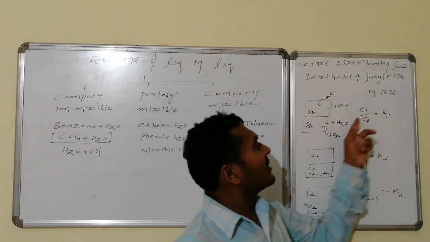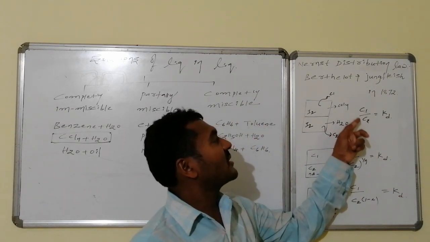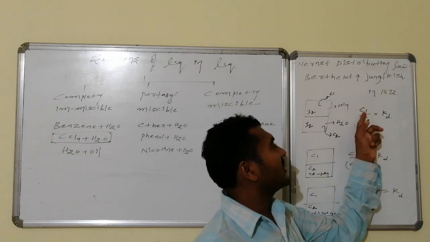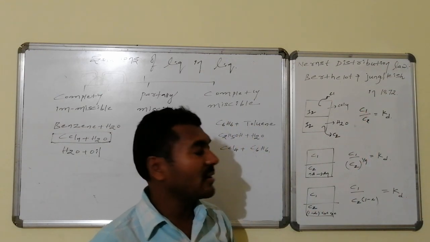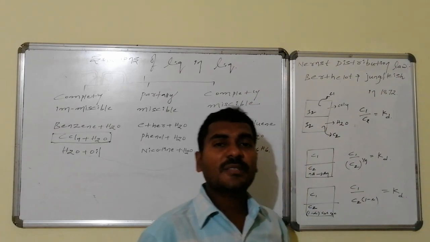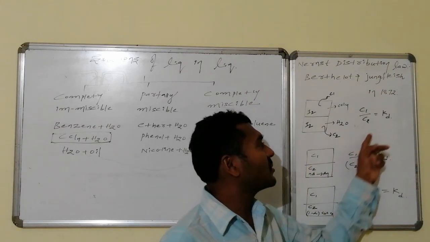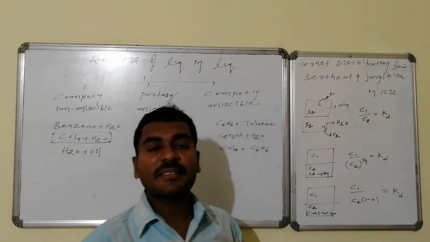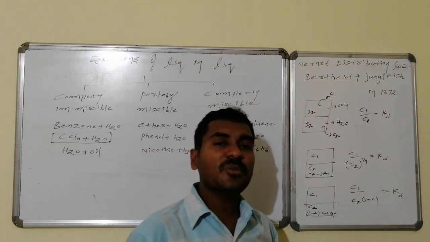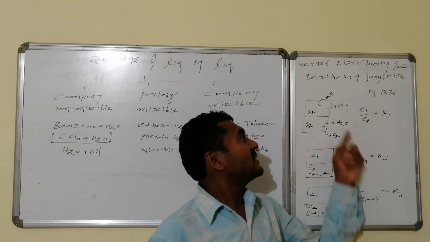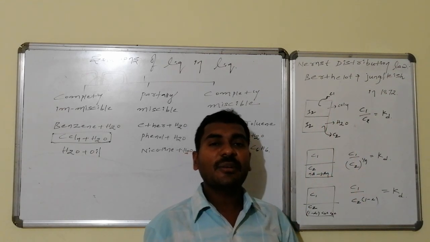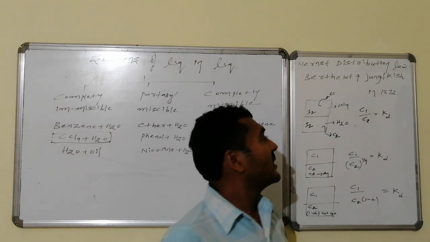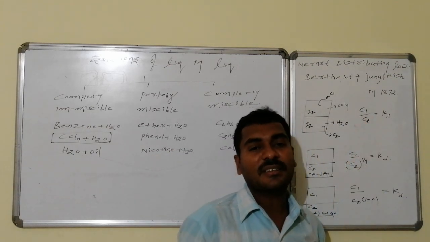This concentration ratio, that is concentration of iodine in the first layer to the concentration of iodine in the second layer, C1 stands for concentration of iodine in layer 1, C2 stands for concentration of iodine in layer 2, will remain constant, and this constant is known as the partition coefficient, otherwise distribution coefficient. Irrespective of the amount of iodine added, 1 gram, 2 gram, 1 mole, 2 mole, no issue, its concentration ratio remains constant.